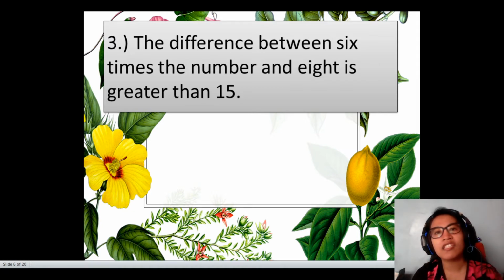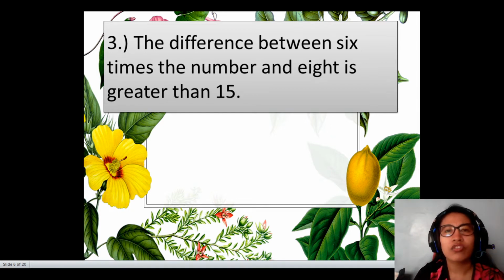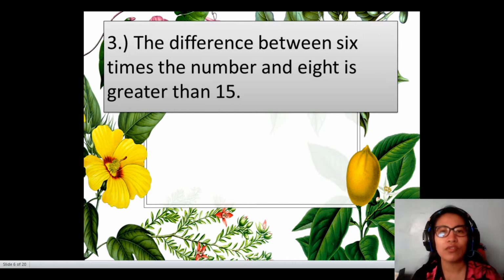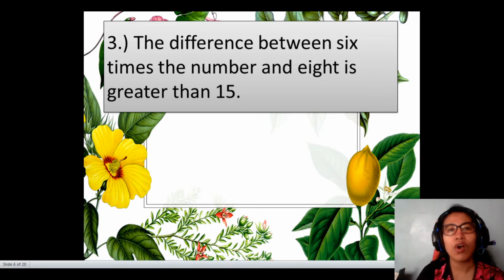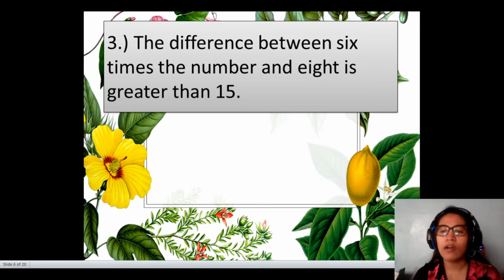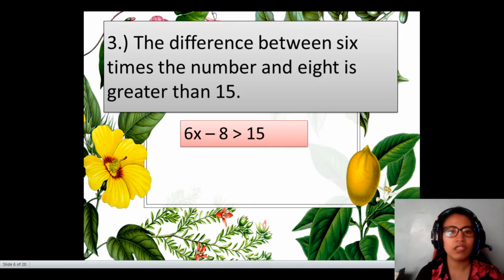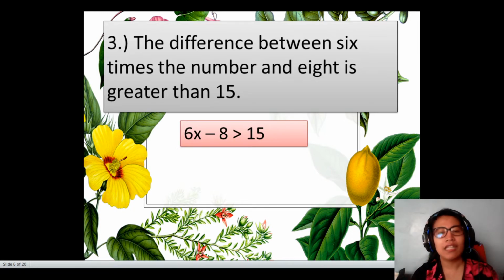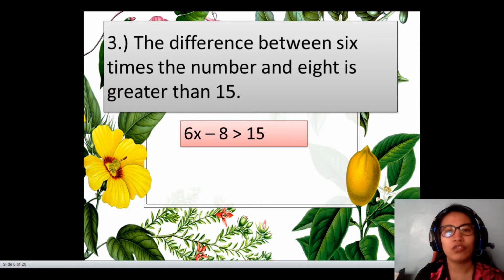I can put it as 6x and 8. So I have 6x and it says difference, so I have minus, then I have the 8 is greater than 15. So that's the time you put the symbol of greater than. So how do we write it now? So this is how it looks. 6x minus 8 greater than 15. So that's the symbol for your greater than.